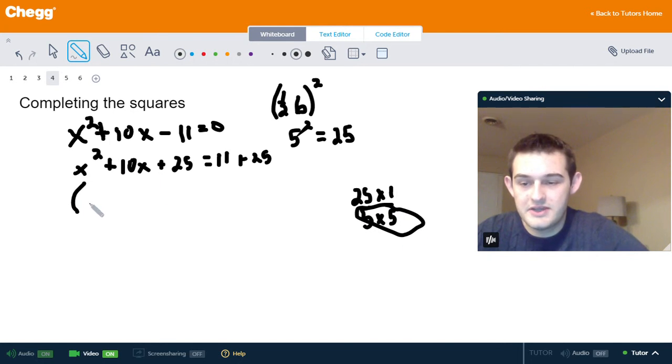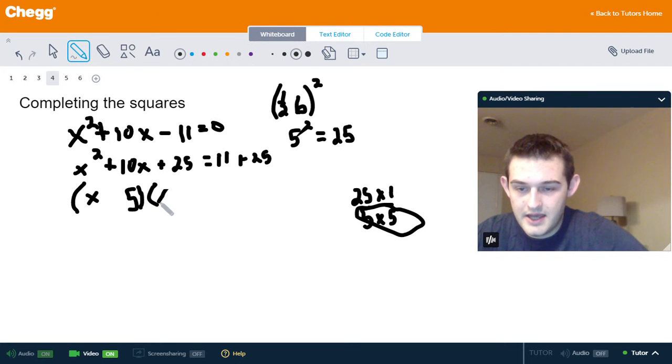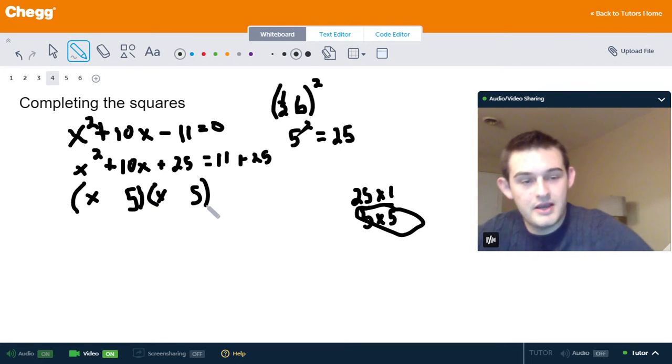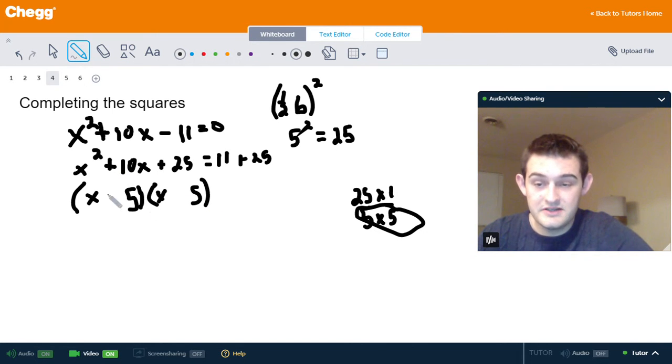So then I do the same thing. I take x plus or minus the term times x plus or minus the term, and then I have to decide if it's plus or minus. In this case, it will be positive because I need to add the 5's together to get the 10 and multiply them together to get the 25. Okay, so this is my factored form.